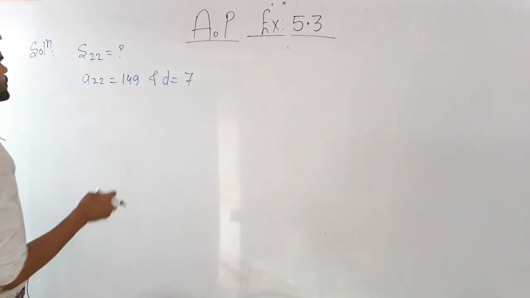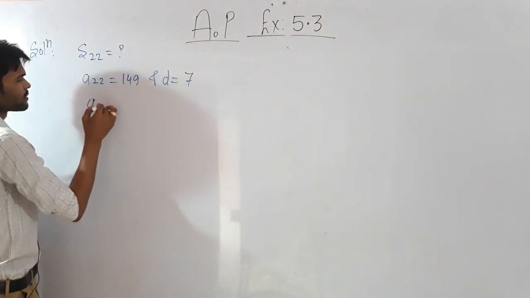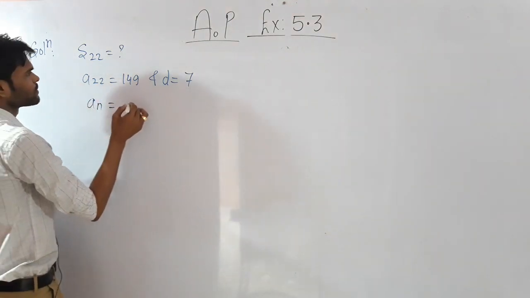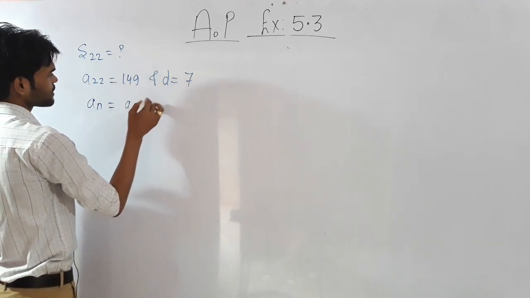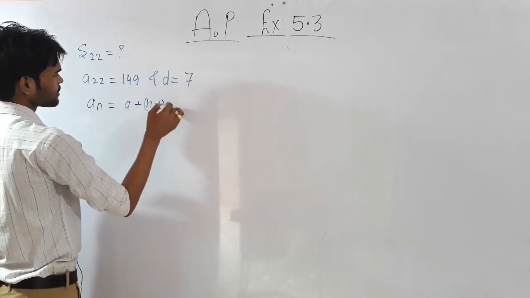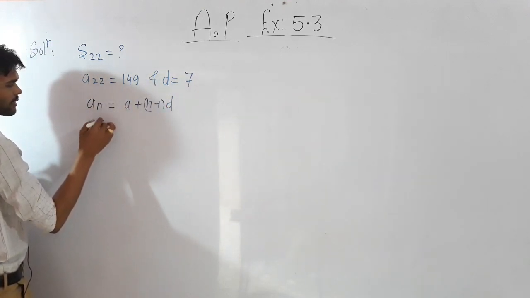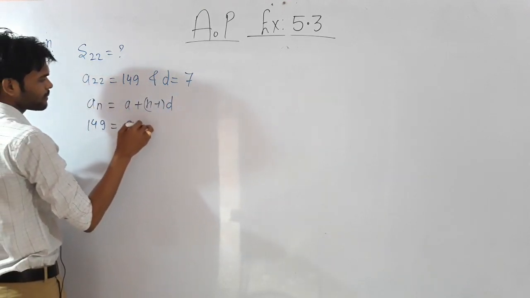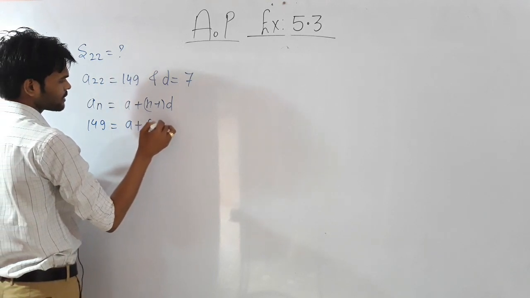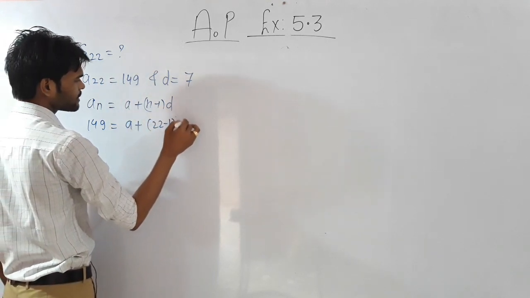Okay. Now using the formula an is equals to a plus n minus 1 into d. Okay. So here an is given 149. This will become a plus n means 22 minus 1 into d means 7.